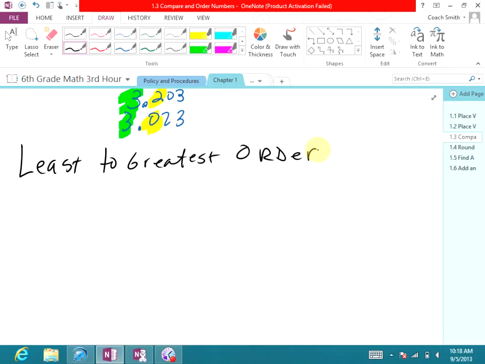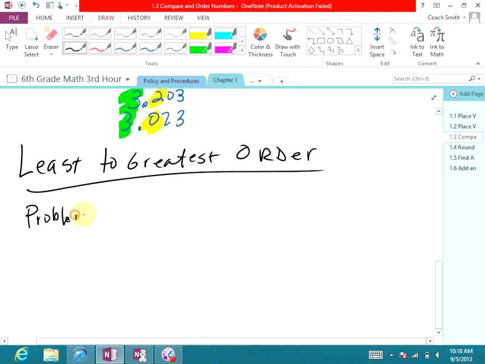All right. Now, least to greatest order. If you will look in your book, it says on 4 through 6 to put them in greatest to least order. We are not going to do that. Problems 4, 5, and 6, put in least to greatest.